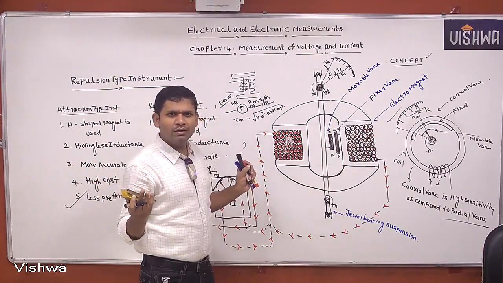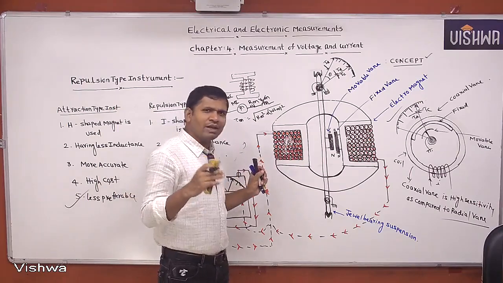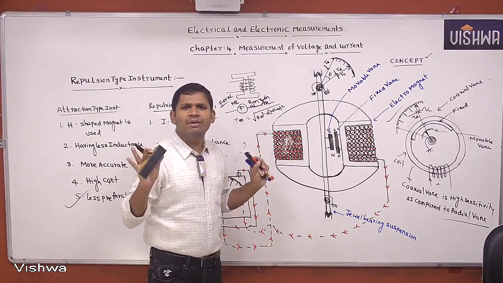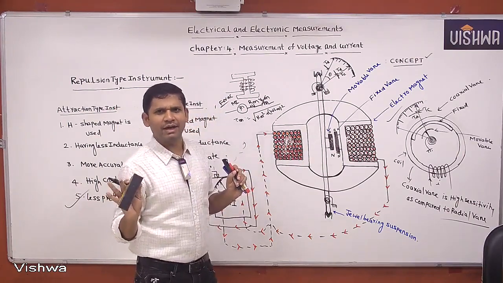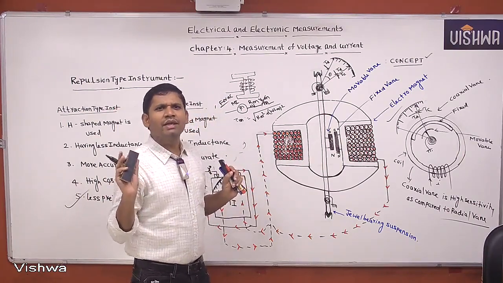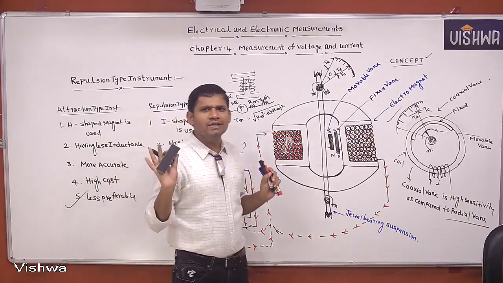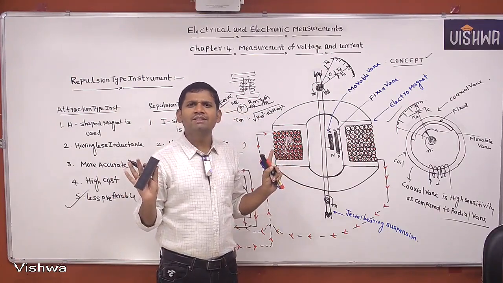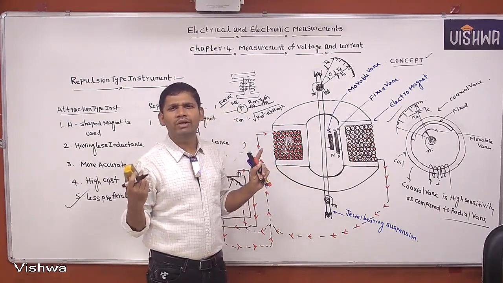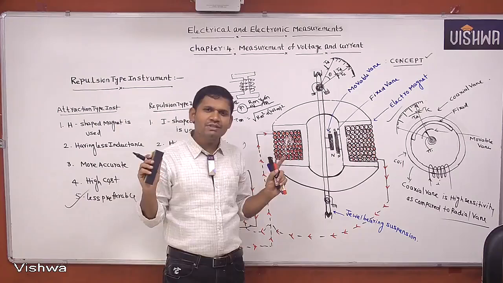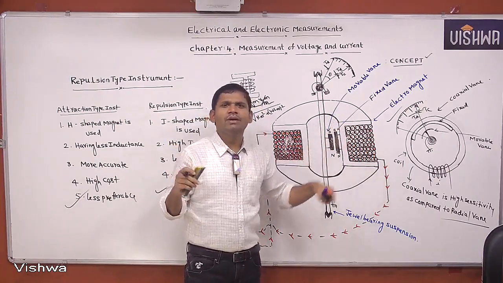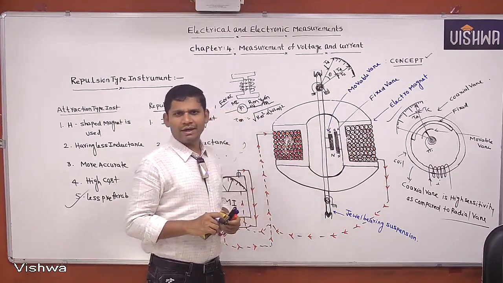But because of less cost, these instruments are more preferable practically for measurement of AC voltage and current. For measurement of AC voltage and current, MI instruments are more preferable, and these instruments also have high overload capacity. They can withstand high currents, even when high currents are flowing through the instrument.